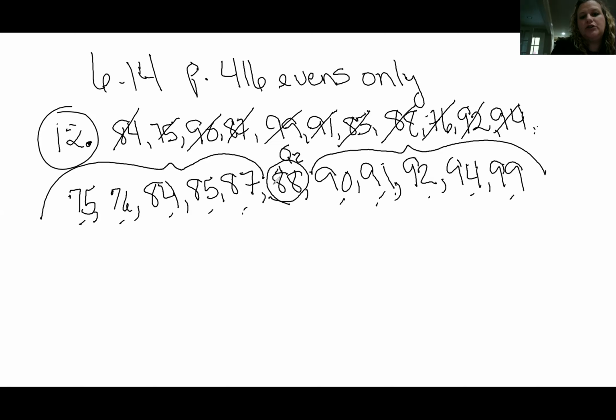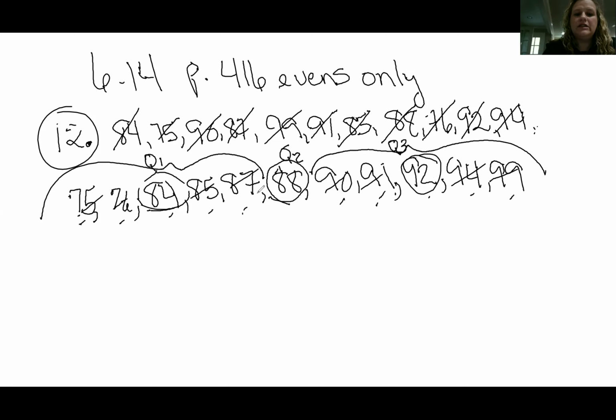Notice how I didn't include this median here. I didn't include quartile 2, okay? So here we have cross, cross, cross, cross. So 84, that's quartile 1. Now let's find quartile 3. Cross, cross, cross, cross. Quartile 3 is 92.